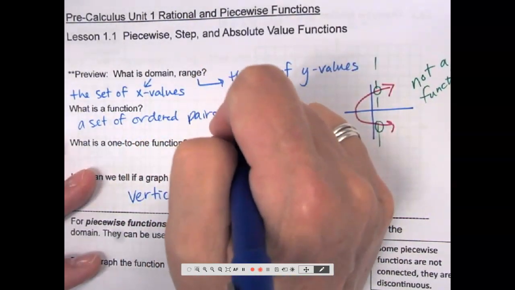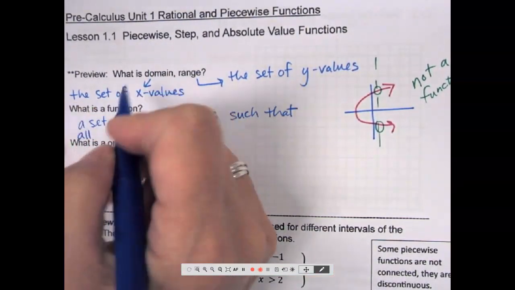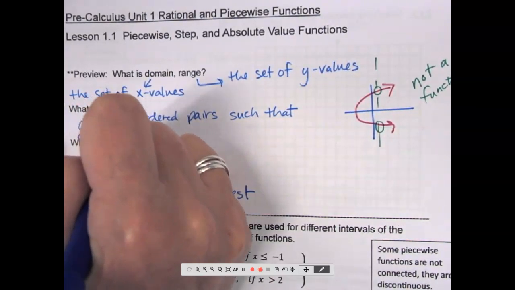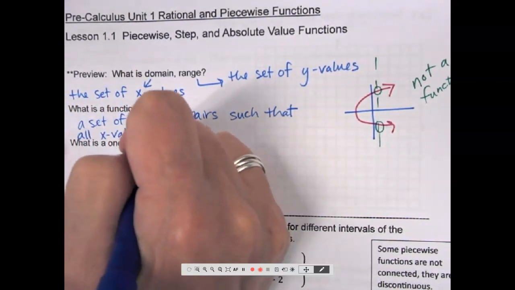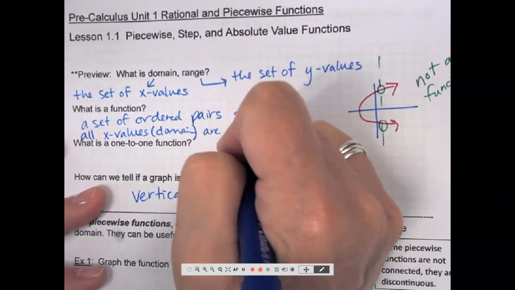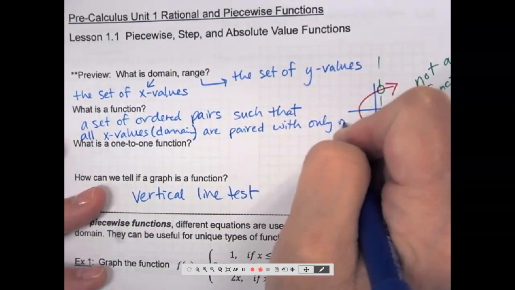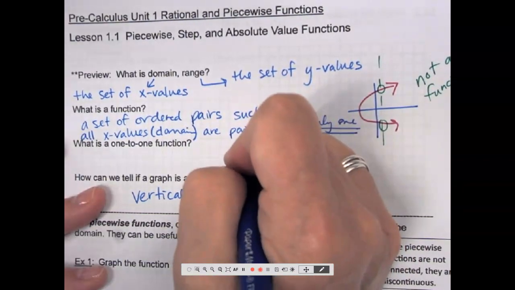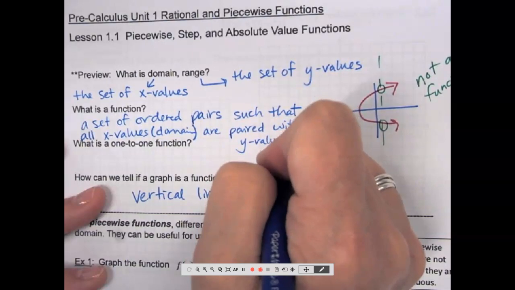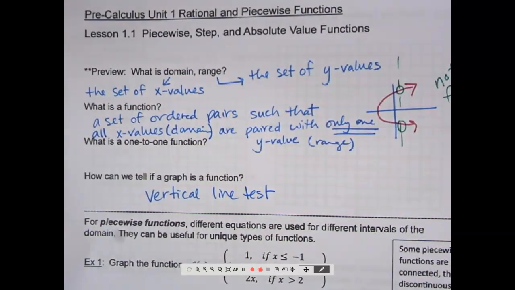A set of ordered pairs such that all X values, which is your domain, are paired with only one Y value, which is the range. A set of ordered pairs such that all X values are paired with only one Y value.